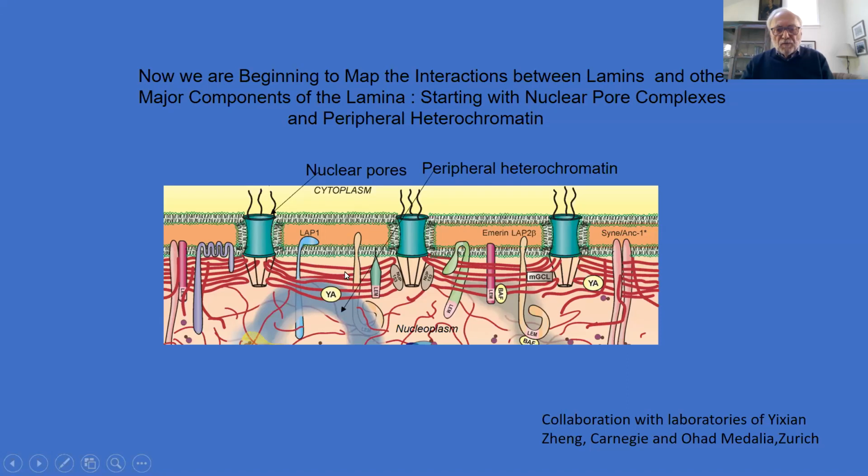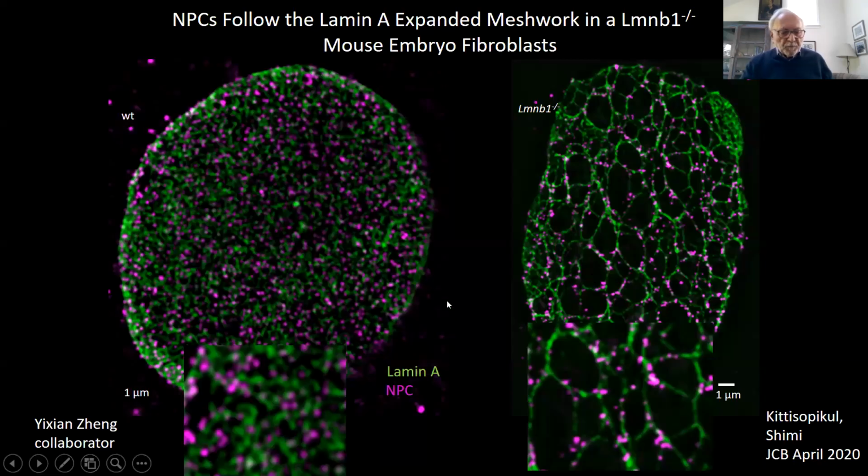And so we've chosen two major structures that interact with the lamina to begin with, and that is the nuclear pore complex and peripheral elements of heterochromatin. But today I'm going to tell you mainly about the pores. And throughout these studies, I should mention that Yixian Zhang and members of her laboratory at the Carnegie Institution have been terrific collaborators and have provided us with many cell types, including knockouts of each of the lamin isoforms for our studies.